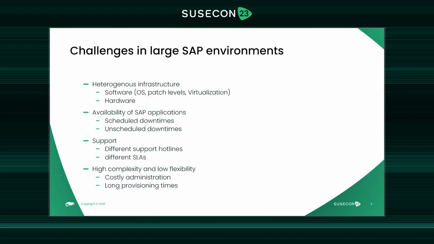So what are the challenges for organizations when operating their SAP environments? Generally speaking, there are quite a few challenges. We have selected the most common ones that we see with our customers and that FlexFrame can address. First one, heterogeneous infrastructure. That means organizations usually have hardware and software from different vendors for several reasons.